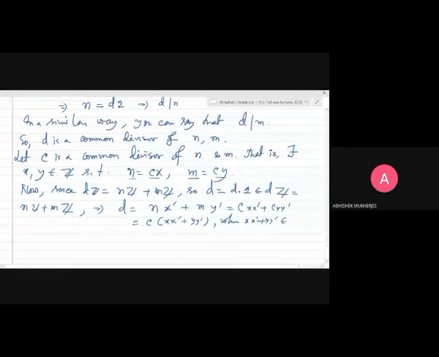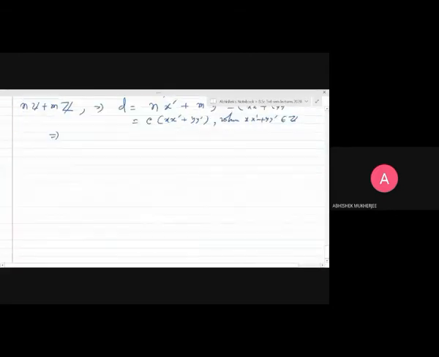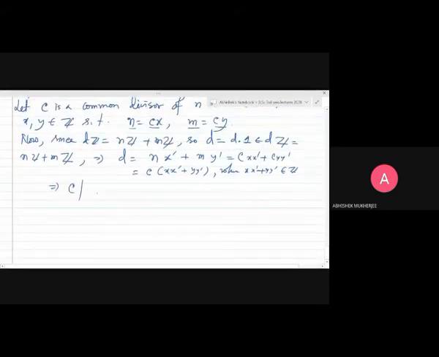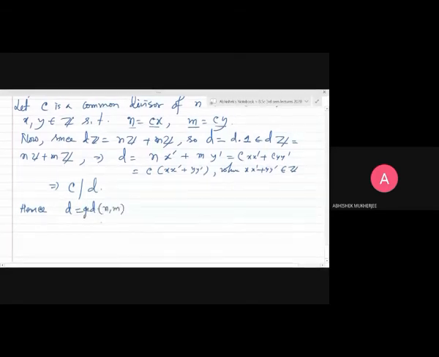So this proves that d is a multiple of c. That means c divides d, and hence d becomes the GCD of n comma m.